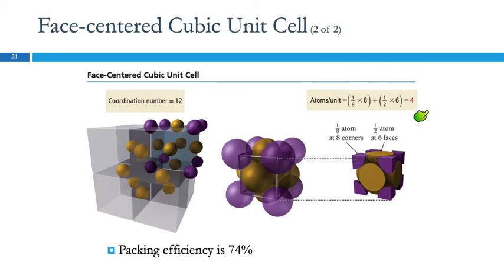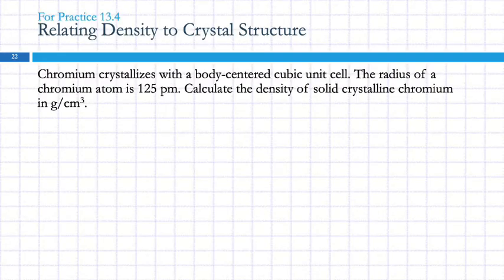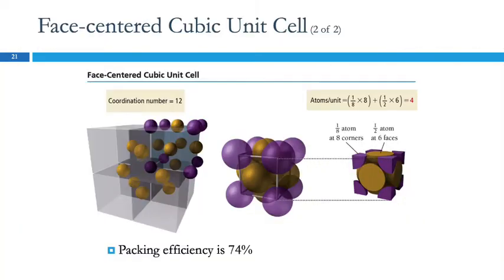And here's the calculation of how many atoms are in the unit cell. And you can see now, looking at this, it's kind of looking like a blob, isn't it? Do we need to remember how in the corner each atom's an eighth, and how in the middle each atom's a half? Yes, that is something that you should be able to figure out.